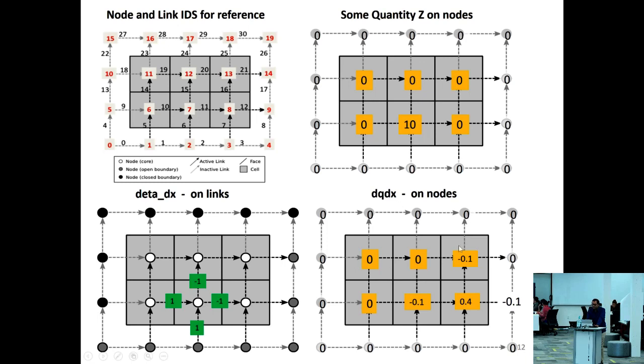When I calculate dq dx, that gives us the flux divergence on the nodes. What we can see here is that the closed nodes are still 0, even though they are connected to the links that have been affected. But the open nodes have a certain value.